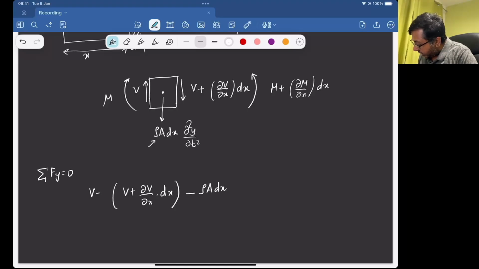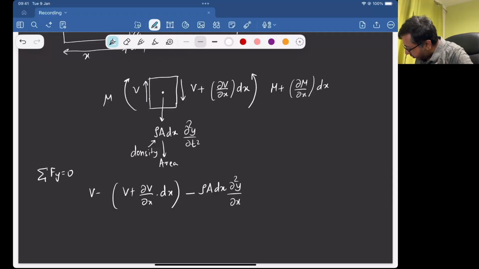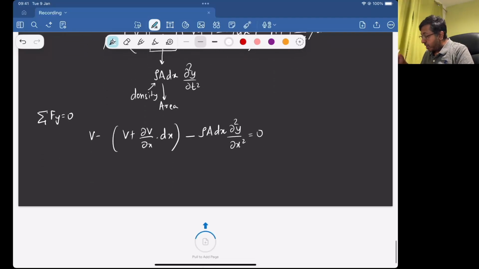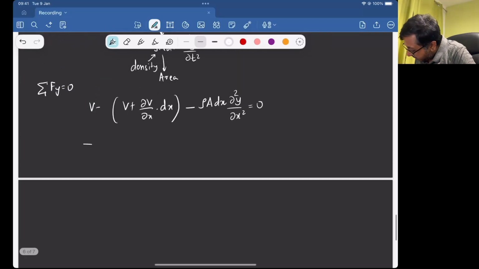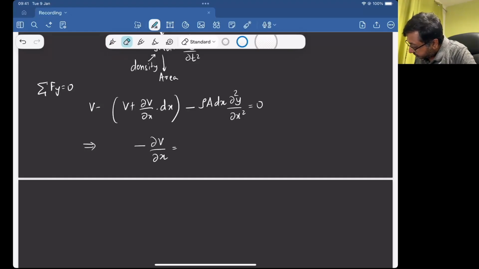Rho is nothing but our density, A is the cross-sectional area, and dx is the length of this small element. So density into area into length is density into volume, which gives us the mass, right? Rho A dx into ∂²y/∂t² is equal to 0. Or in other words, if I simplify this, I have minus ∂V/∂x equal to rho A ∂²y/∂t².